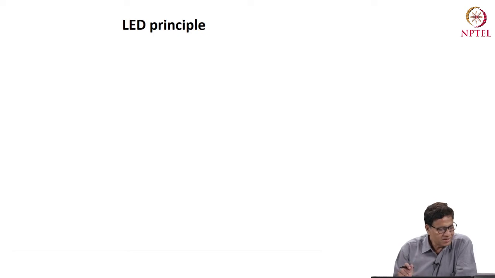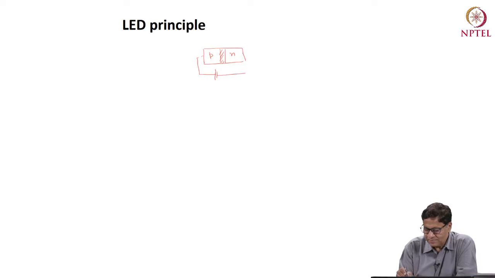So let us first understand the basic principle of an LED. So an LED is basically a PN junction diode which is forward biased. This is P, this is N, and this is the depletion region, and this is forward biased. So what happens in an LED when you forward bias it?